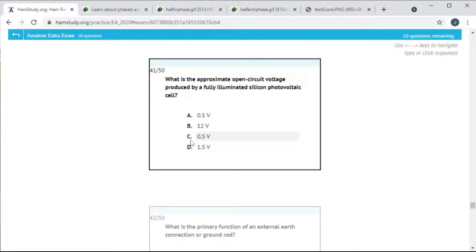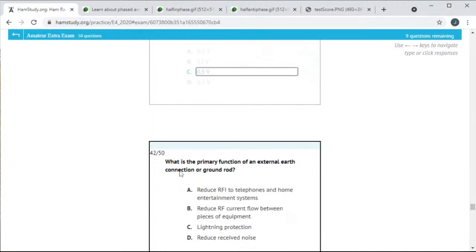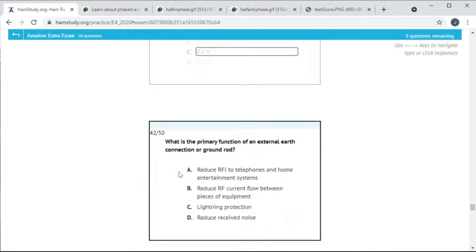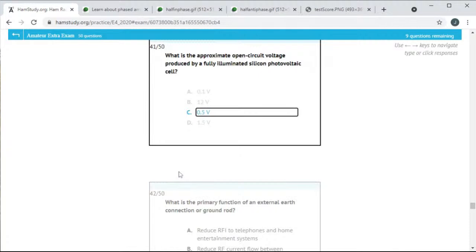I'm going to go with C, 0.5 volts, I believe. Each of my solar panels is about 72 cells, and it's about a 32 volt panel, but just for reference, that is what I'm remembering. I'm not 100% sure of that.